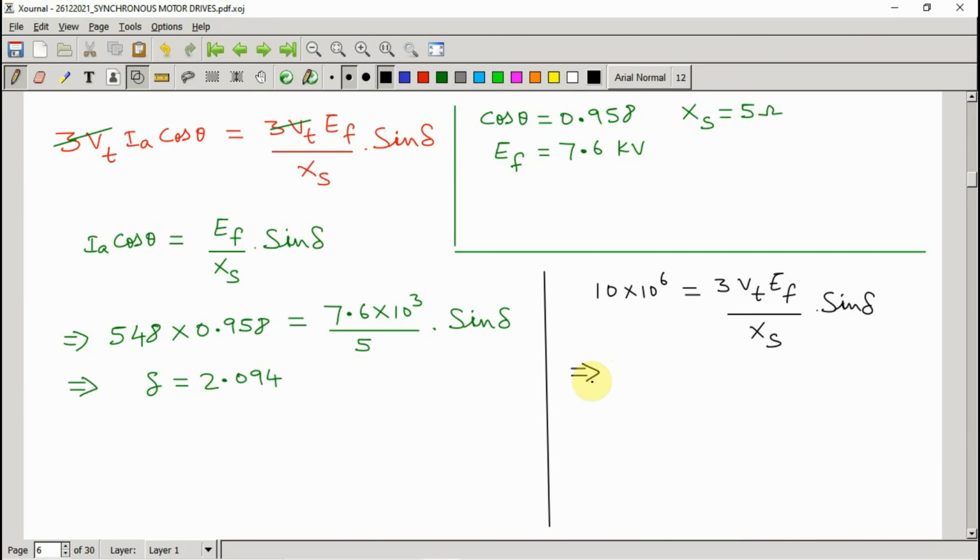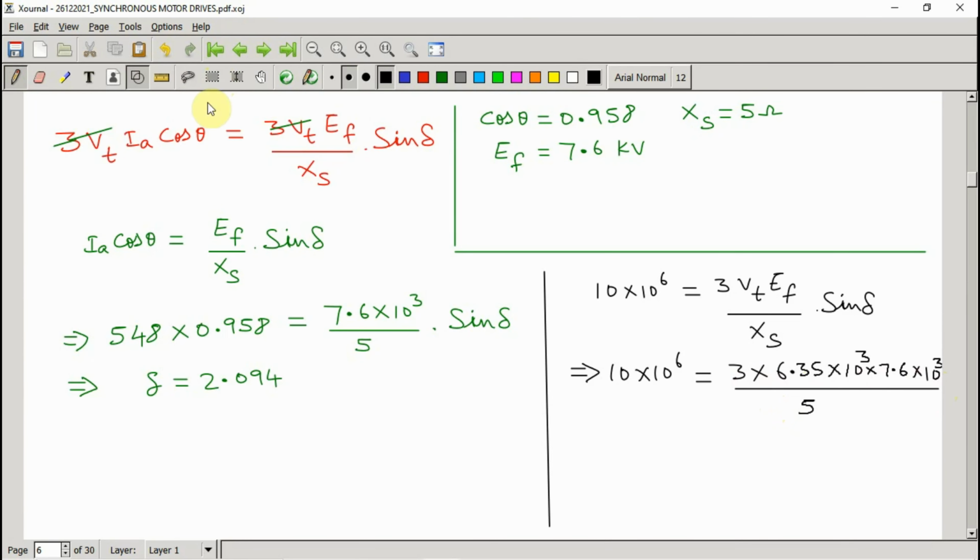Vt is 6.35 into 10 to the power 3, and EF is 7.6 into 10 to the power 3, whole divided by XS, that means 5, and this whole thing I have to multiply by sine delta.